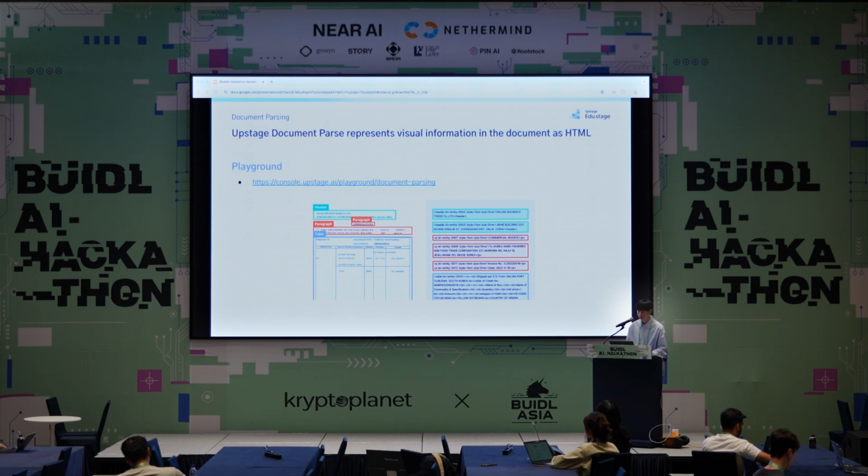This makes it easier for search engines to retrieve and also helps LLMs better understand the structural information within the documents. Now, I'd like to give you a brief demo using our console.